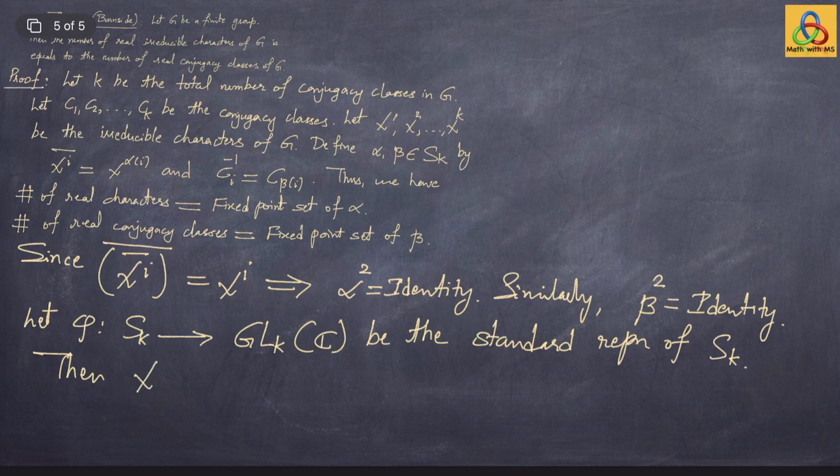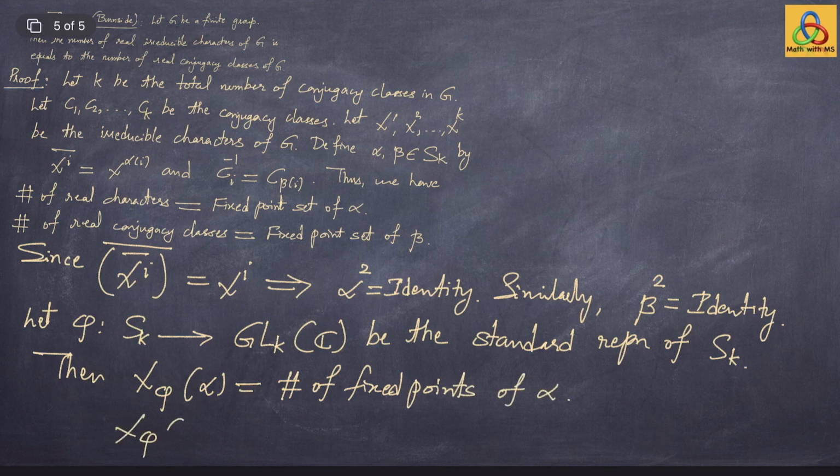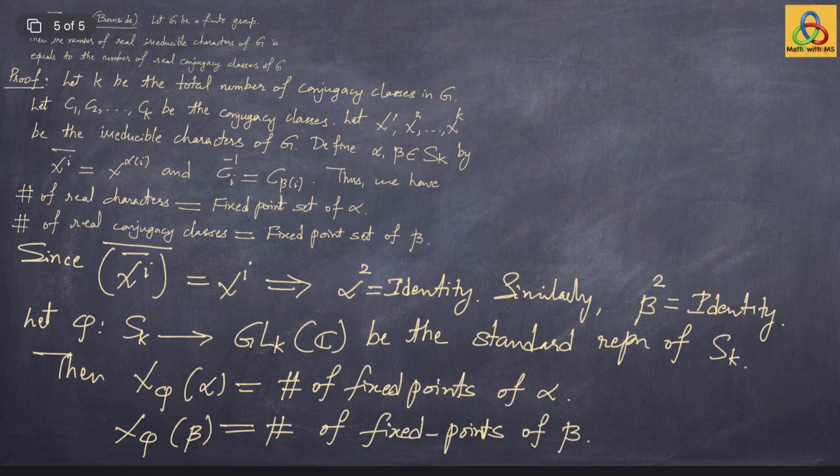Then chi phi of alpha is just going to be the number of fixed points of alpha. Similarly, chi phi of beta equals the number of fixed points of beta. Thus, to show that the number of real conjugacy classes is the same as the number of real characters is equivalent to saying that the number of fixed points of alpha is the same as the number of fixed points of beta. That is to say that chi phi of alpha is the same as chi phi of beta.